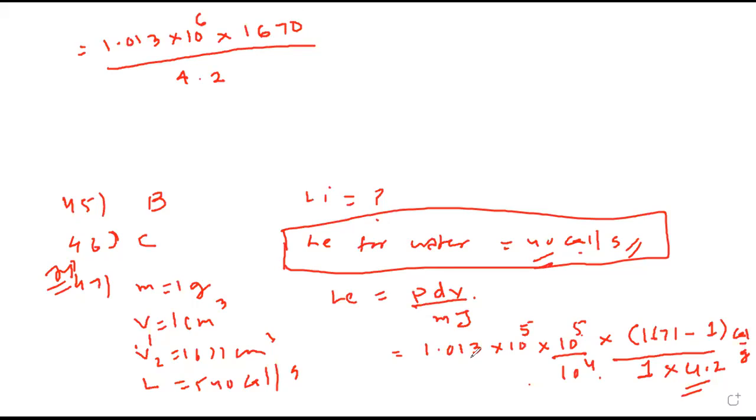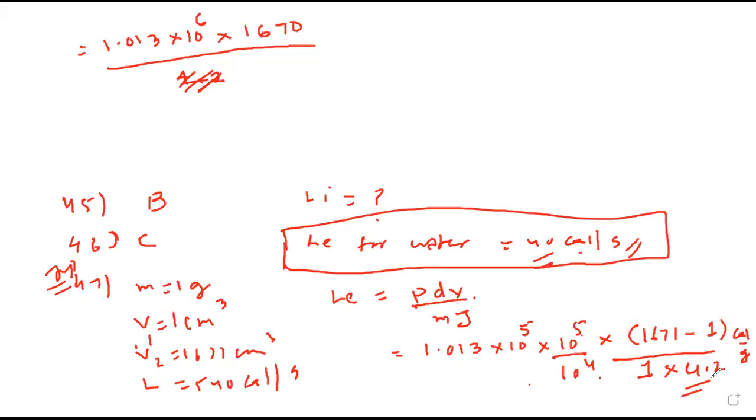This is in terms of CGS, not in joule. ये joule नहीं था, ये erg में कर दिया ना मैंने. So if you divide, see this is converted into erg, correct? Conversion you followed. I converted already in CGS.